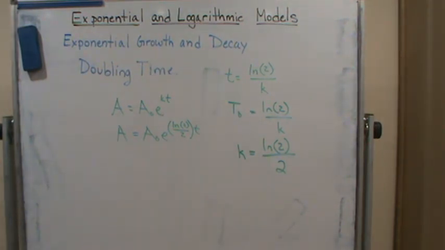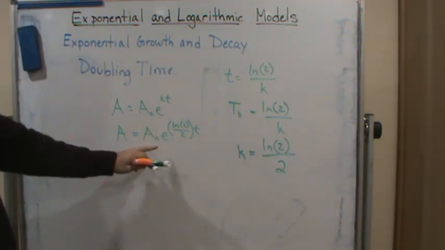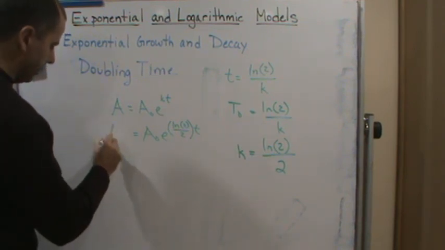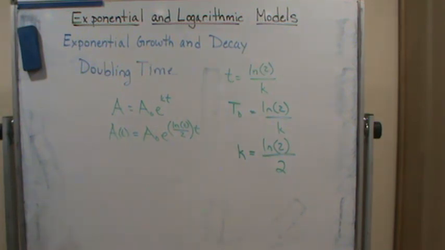And that gives us our model. So the function is, well, that's the function. Now we'd have to know more information. Obviously we don't know A naught, but again, our model would be that, and we're done.